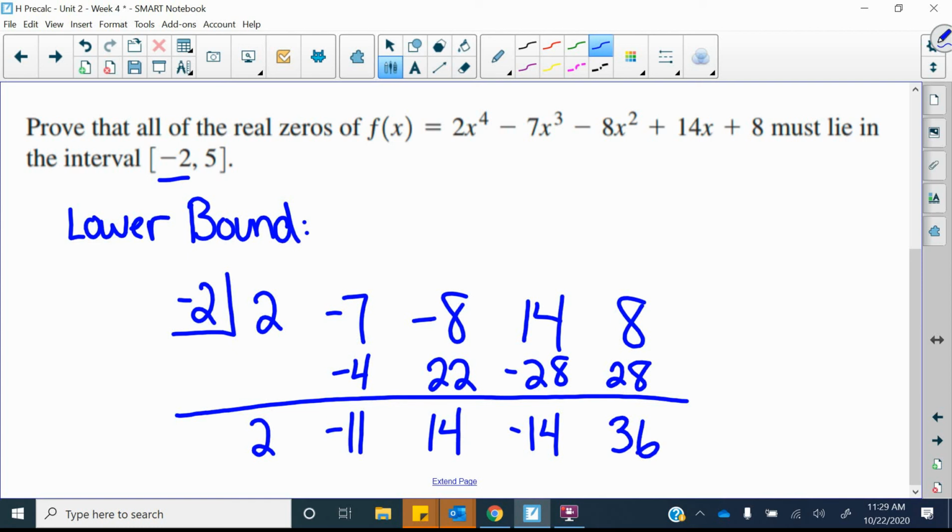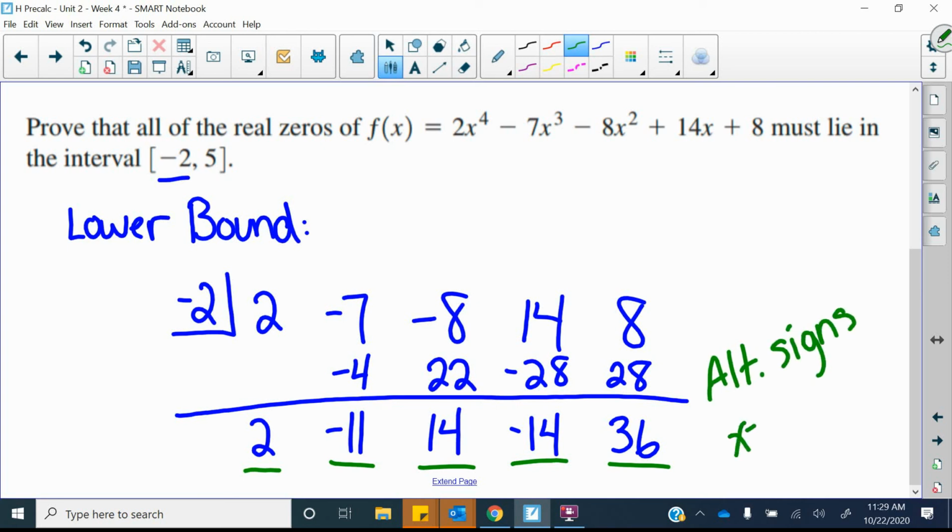So looking at my last line here, notice I go positive, negative, positive, negative, positive. Since they are all alternating signs, that means that x equals -2 is a lower bound. So if we create our list of possible rational zeros, anything less than -2 will not be considered.